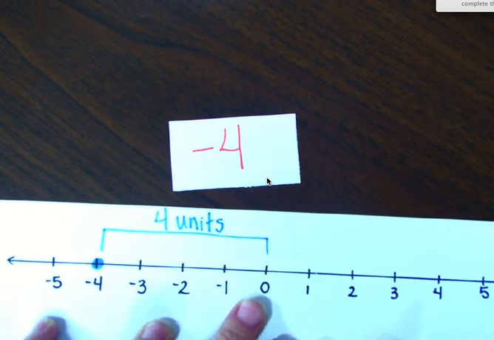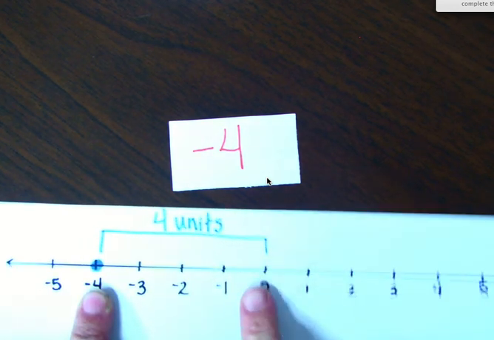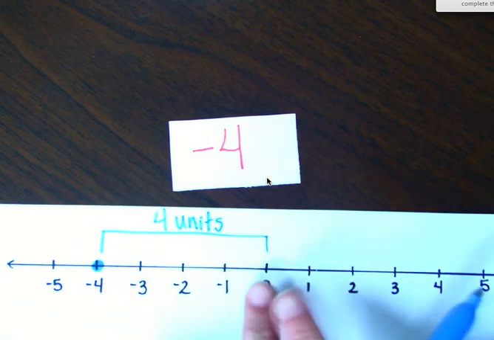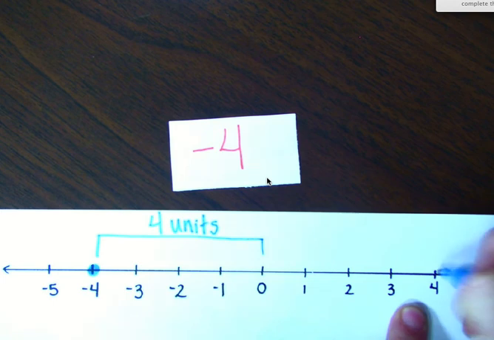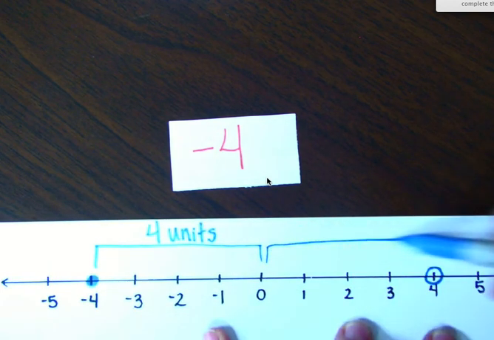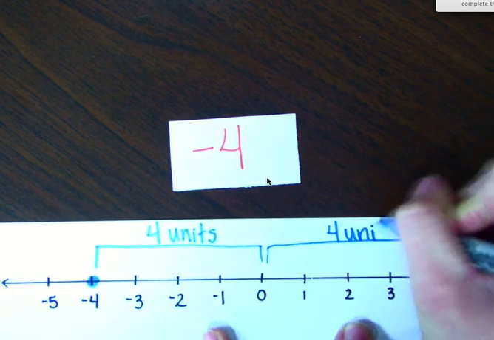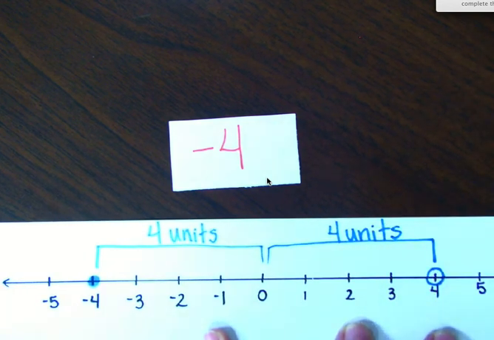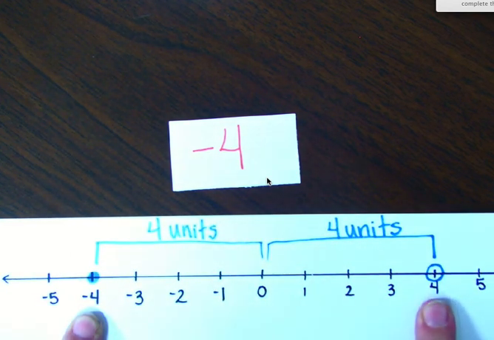So I'm looking for its opposite. Its opposite is the same distance from 0, but in the opposite direction. So I'm going to count 4 units to the right. 1, 2, 3, 4. The opposite of -4 is +4 because it's still 4 units from 0. So -4's opposite is 4.